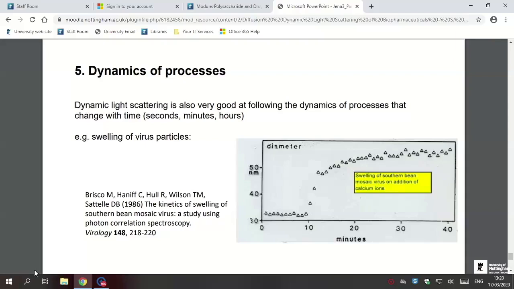So DLS instrumentation, especially the simple instrumentation, is very popular in biopharma with the big companies, and also with many SMEs, many small, medium enterprises.